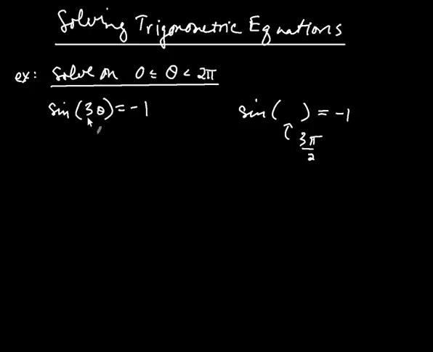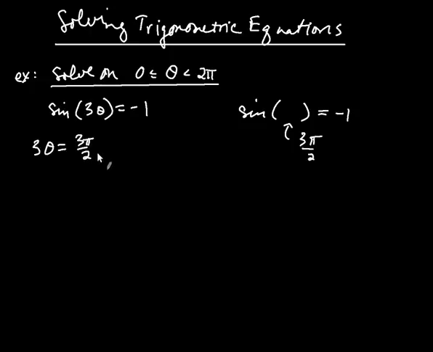So what's in parentheses, the 3 theta, one possibility is that 3 theta equals 3 pi over 2.